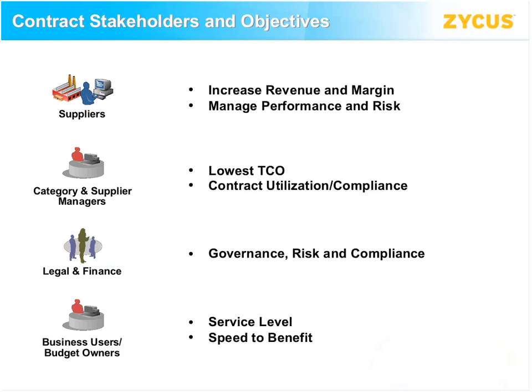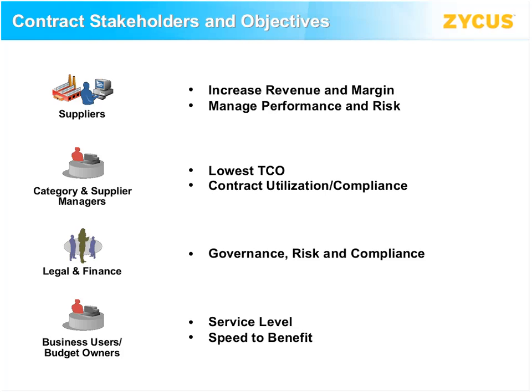So certainly suppliers have to be one of the stakeholders to consider in any third-party contracting arrangement. And their goals, not surprisingly, look at how do I increase my revenue and margin, how do I manage my own performance and risk in the process, whereas category supplier managers, contract managers are typically looking at performance from the perspective of their organization.